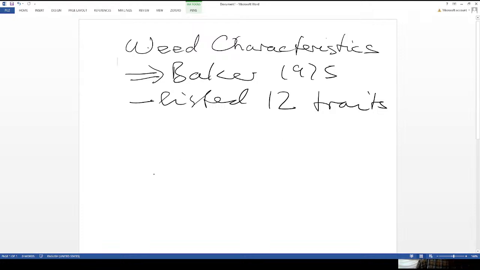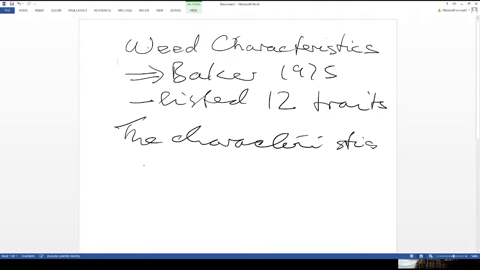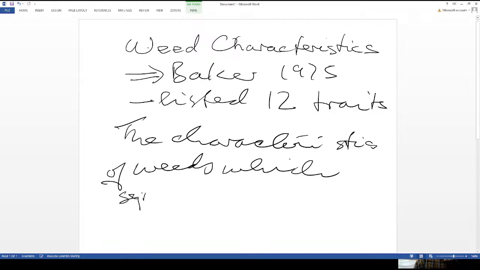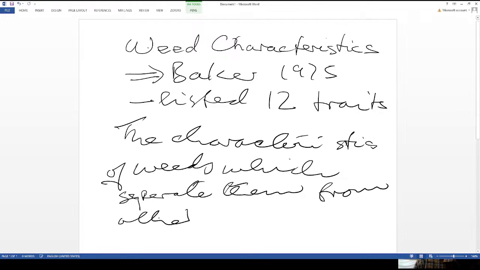So we should know the characteristics of weeds which separate them from other plants. This is what we covered yesterday.